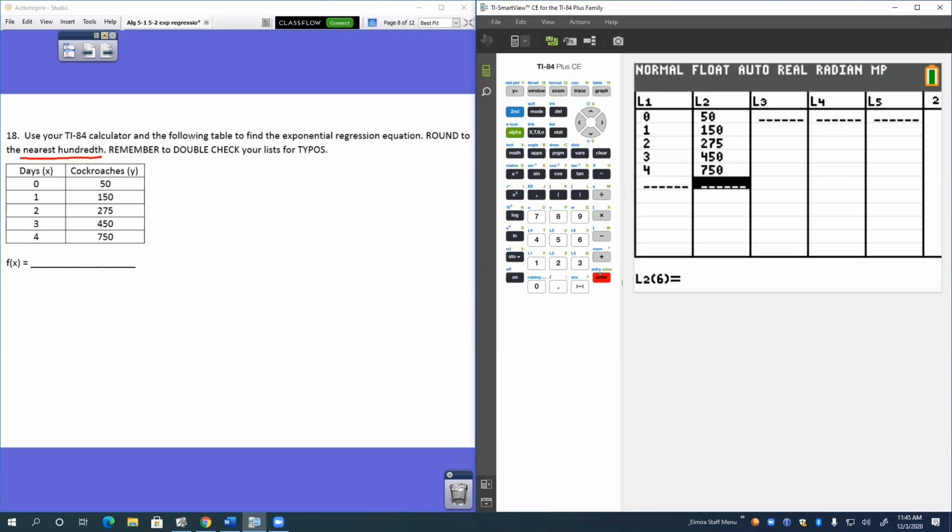So it looks like we have a cockroach problem in this one. The number of cockroaches are increasing every day. That would be growth. So I type them into my L1 and my L2.